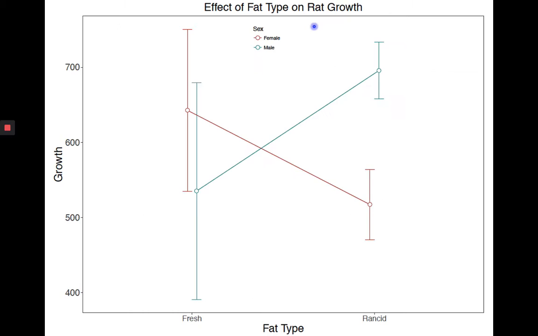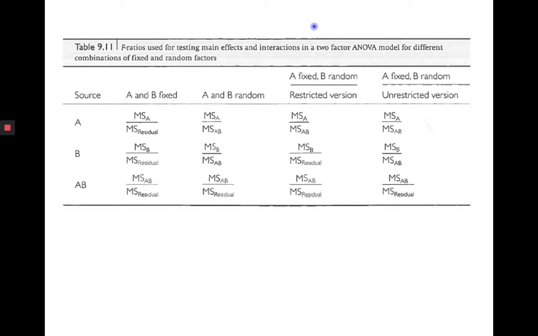And so in your textbook, there is a table 9.11 that basically shows you how you calculate F statistics under fixed and random effects. If A and B are both fixed, it's always just the mean squared of whatever the effect is divided by the mean squared residual. So you would divide the mean squared residual into the effect of row and column and the interaction.